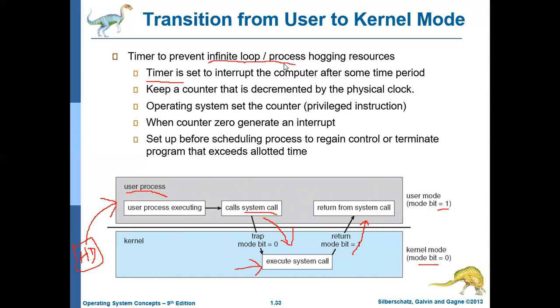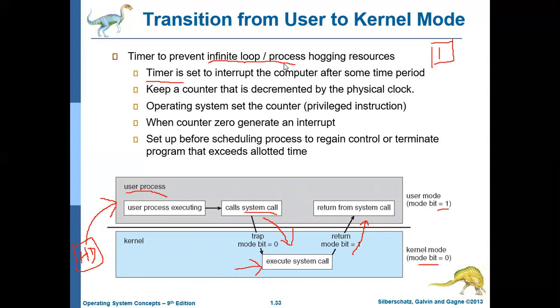What happens is, the operating system may maintain a timer, and it may keep some value in the timer. Assume that a particular operating system is starting a process P1.